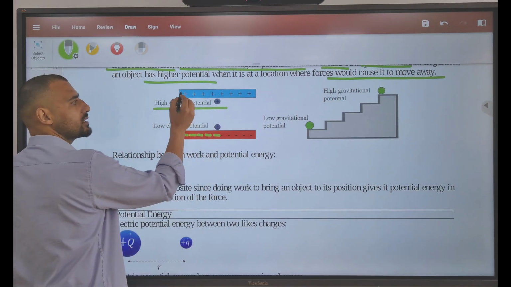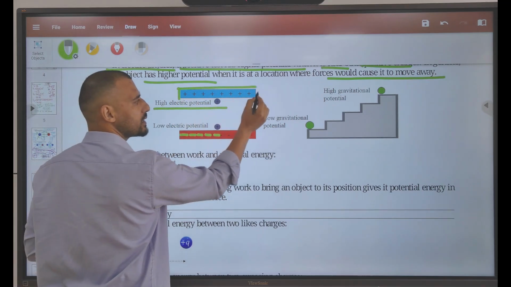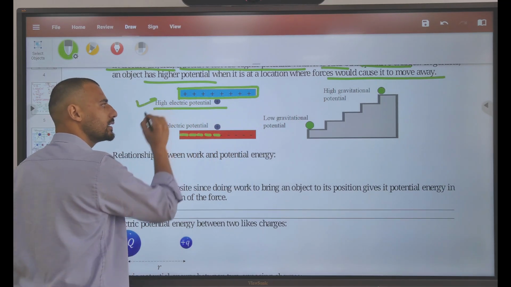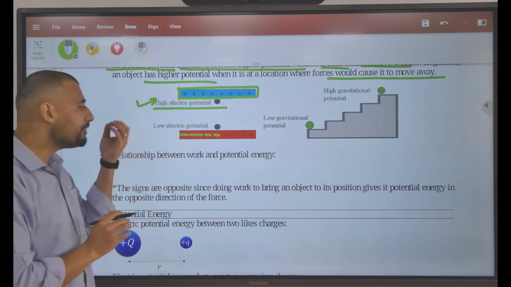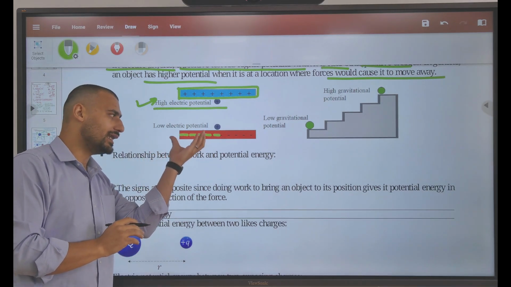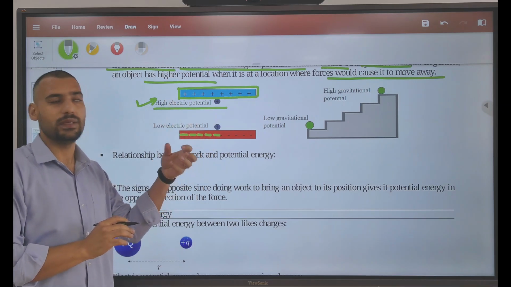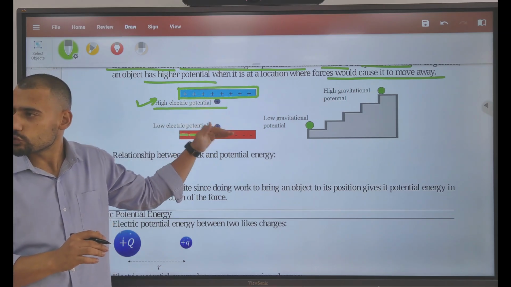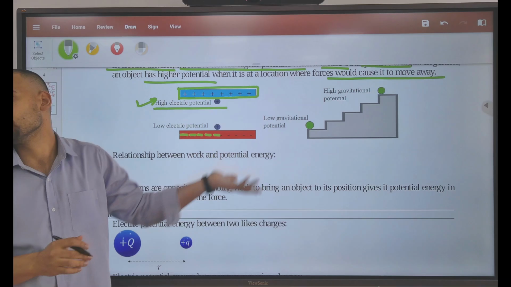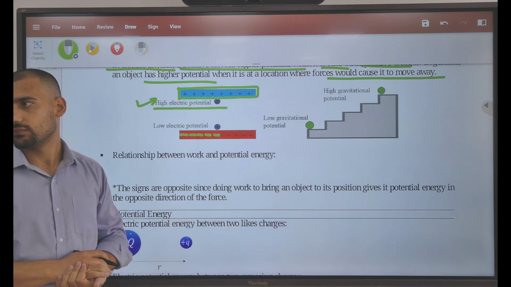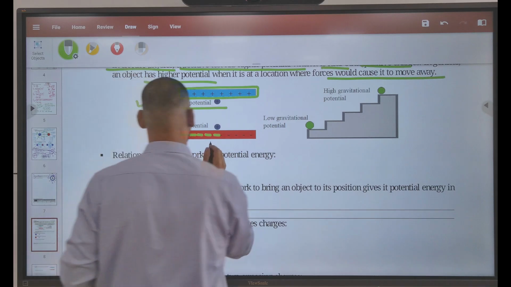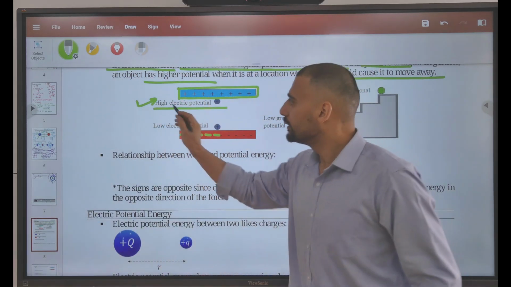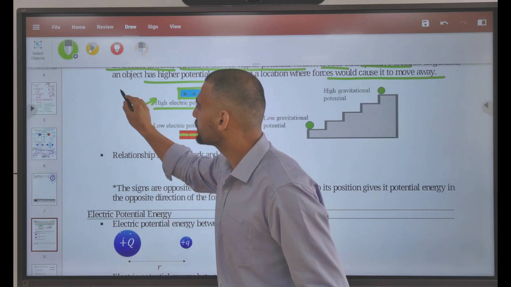If there are more positive charges here, it has a high electric potential. But if the electric potential is low, it means two things: one, we have fewer positive charges, or there are negative charges. I'll tell you, this is in context with the positive charge.